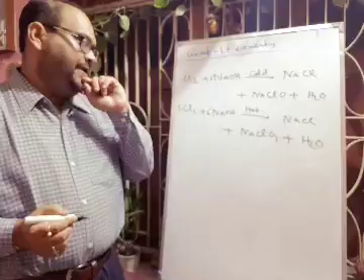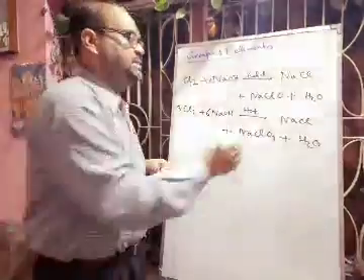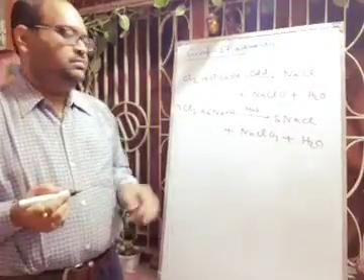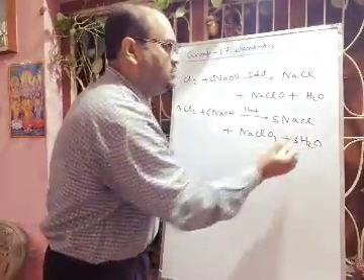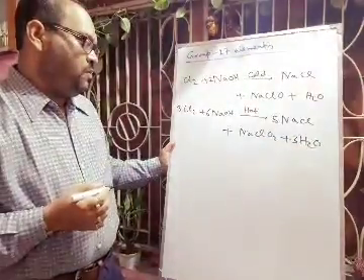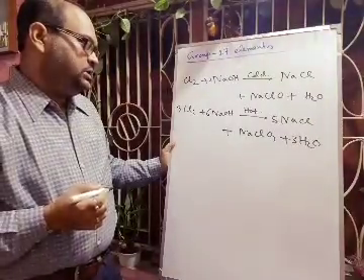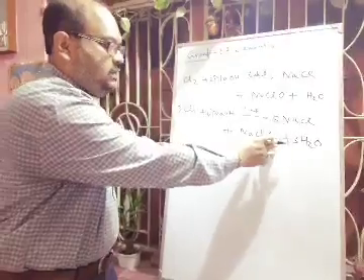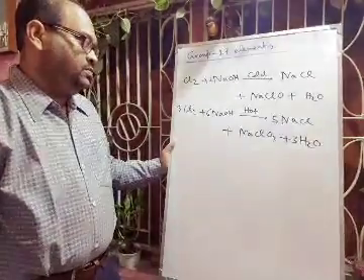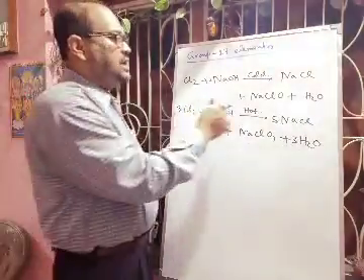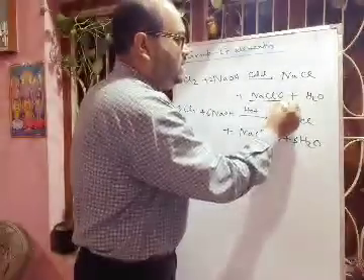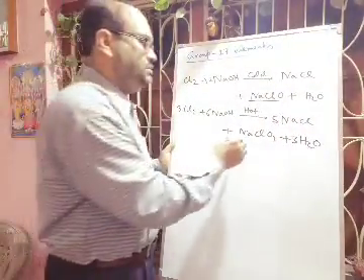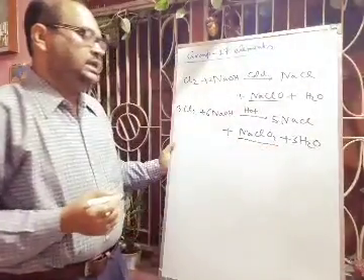So NaCl will be 5 NaCl plus NaClO3 plus there will be formation of 3H2O. Now it is balanced. 6 hydrogen, oxygen 6, oxygen 3 plus 3, 6. Okay. So in the first case we are getting NaOCl or NaClO, and in the second case, hot condition, we are getting NaClO3.